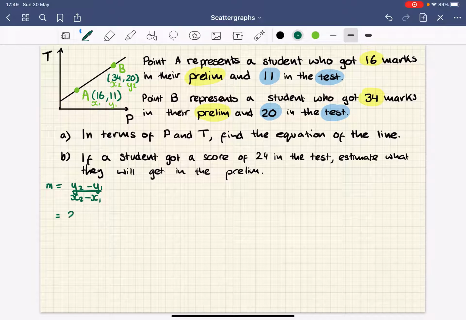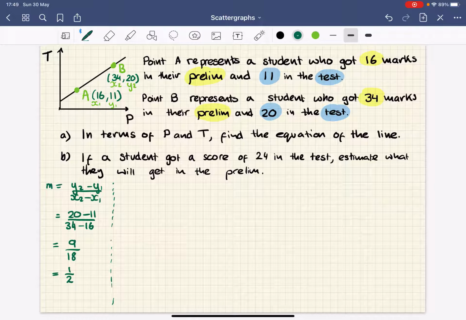So that's now going to be 20 minus 11 all over 34 minus 16. 20 minus 11, that's going to give me 9. And 34 minus 16 is going to be 18. And that is just going to simplify down to a half. So I have my gradient there.